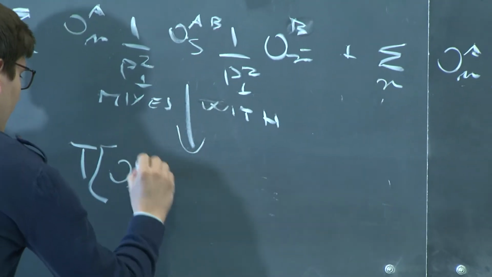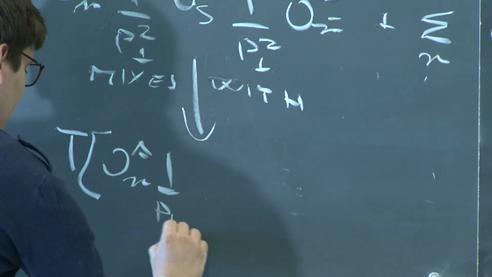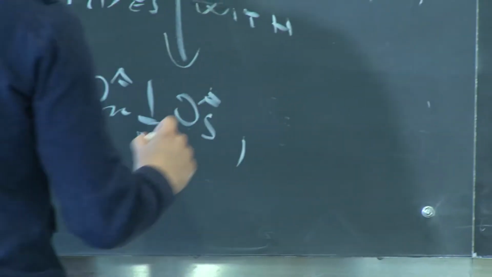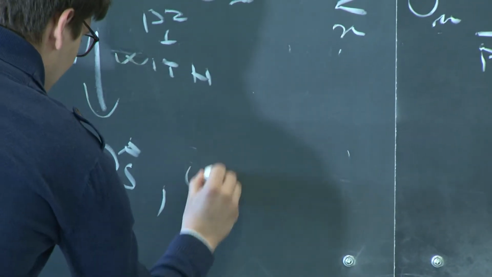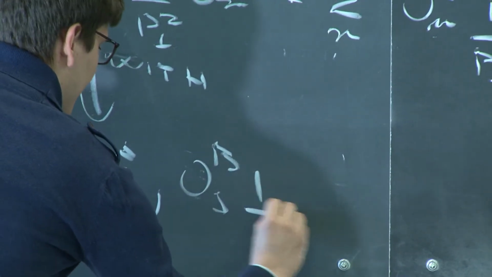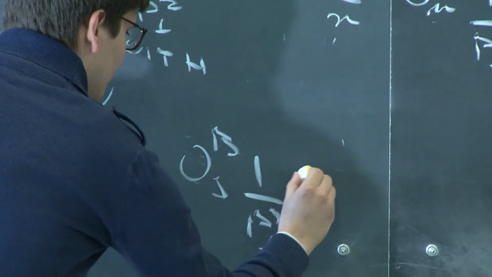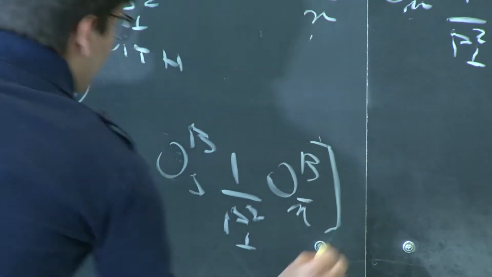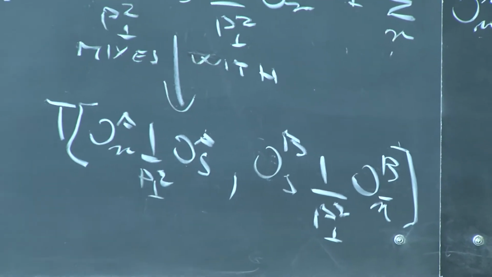So like O_n A, 1 over p_T squared, O_S A, and the same guy with O_S B and n bar. And actually, this is the case.